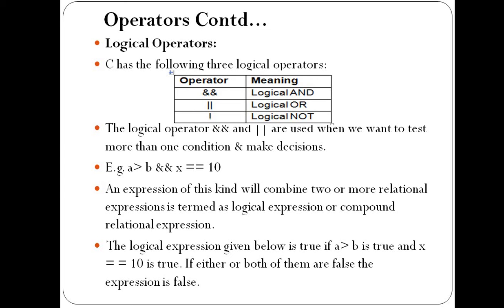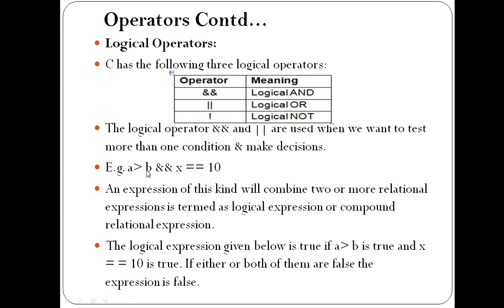Based on certain conditions we need to decide which statements need to be executed and which statements need to be skipped. At that time for evaluating the condition we use the operator concept in our program along with control statements. So same here, logical operators are used for making the decision.